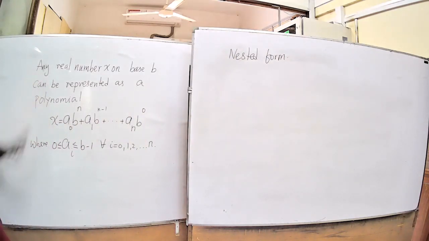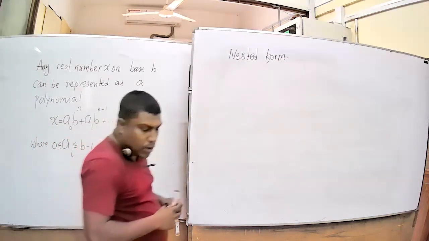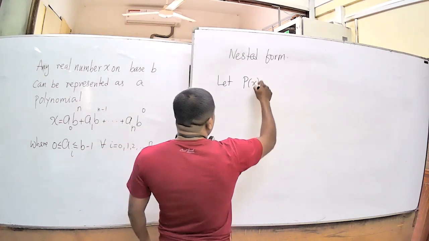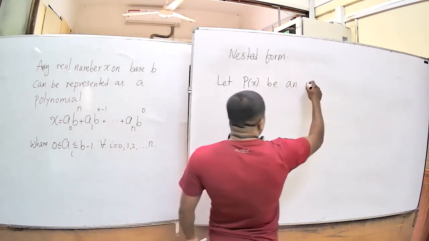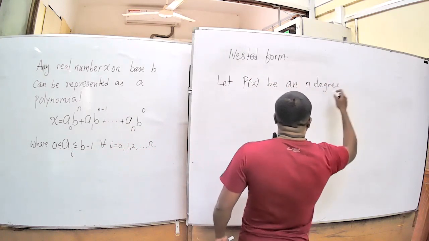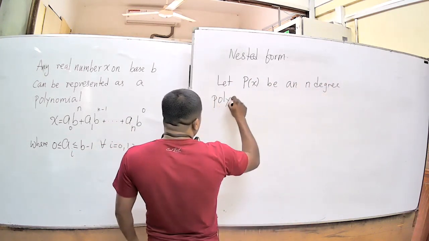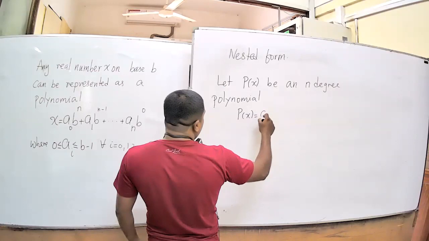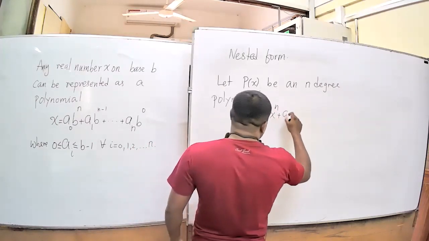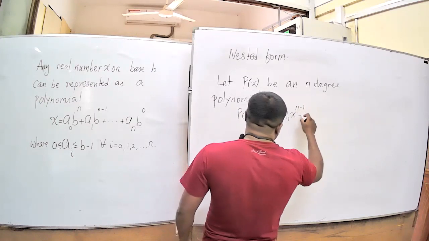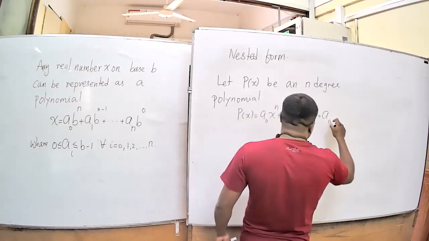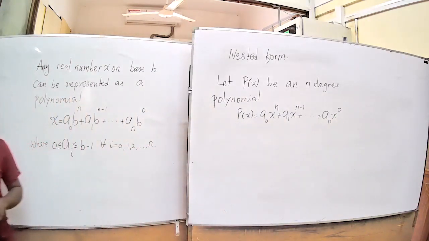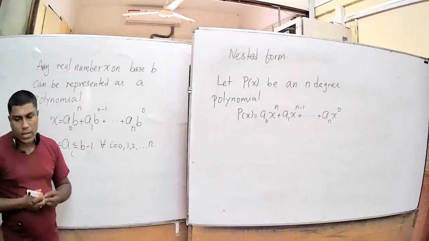Now I am going to consider an arbitrary polynomial. Let us consider a polynomial like this.